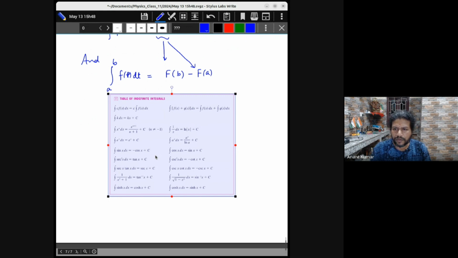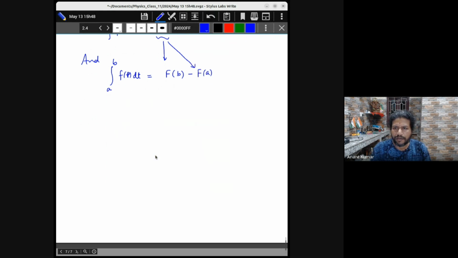It will be less confusing over there. I will write only a few of the results that are important, which will be most often encountered. Let's look at a very brief list of integrals.